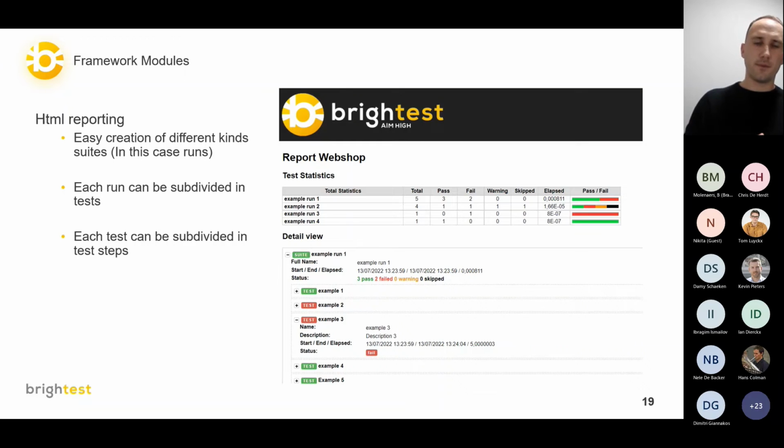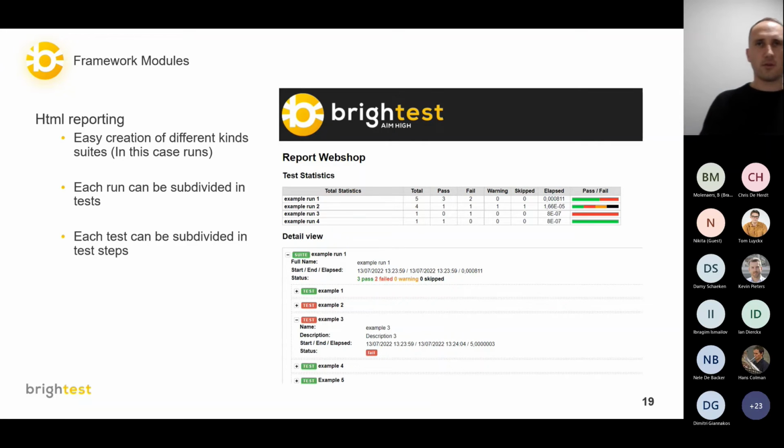For HTML, a lot of our customers still require some kind of open document like HTML to send their reporting or their results to the internal department. That's why we created a very simple HTML report.